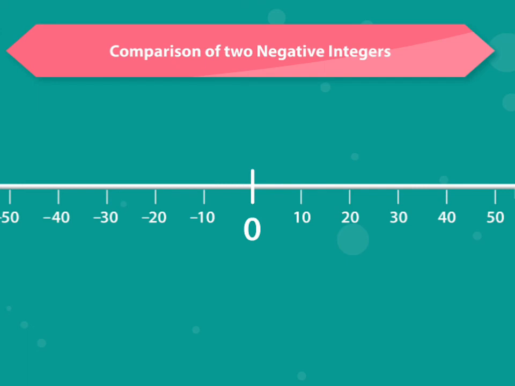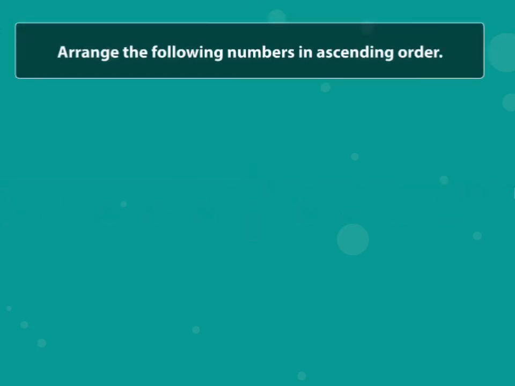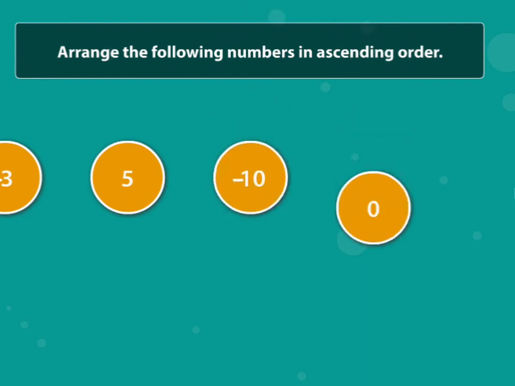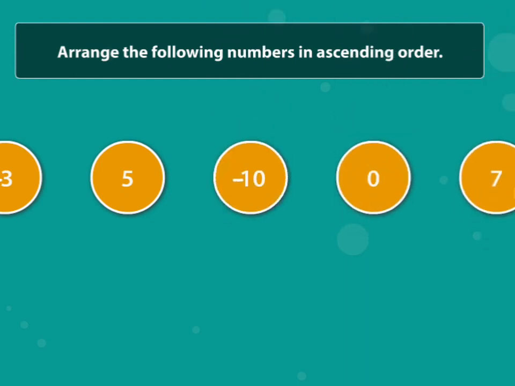Let's try out a problem now. Arrange the numbers negative 3, 5, negative 10, 0 and 7 in ascending order. Ascending order means from the smallest to the greatest. The smallest number here is negative 10, so it comes first.